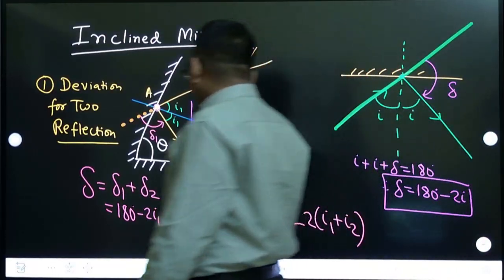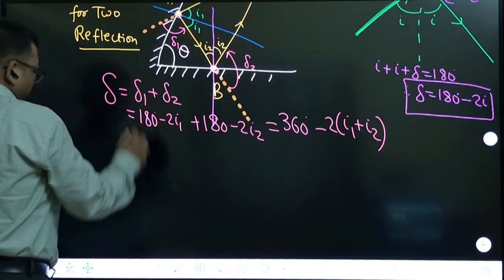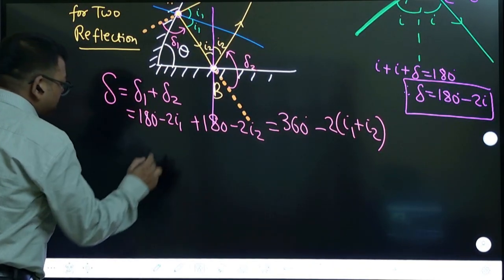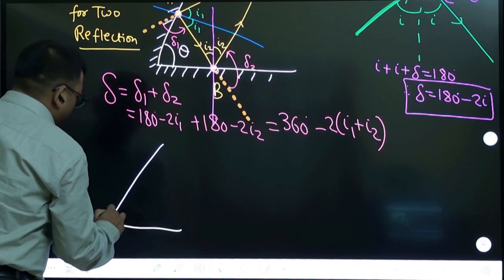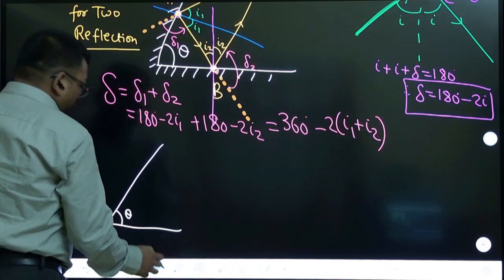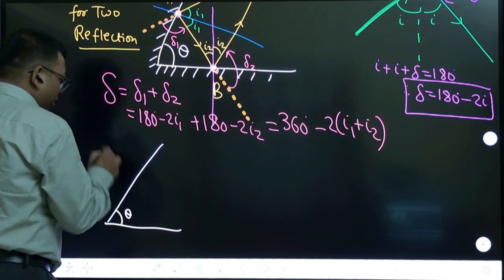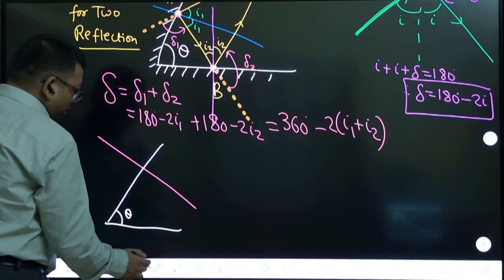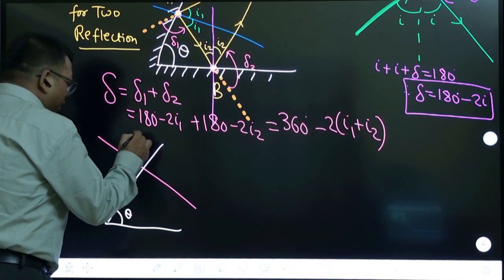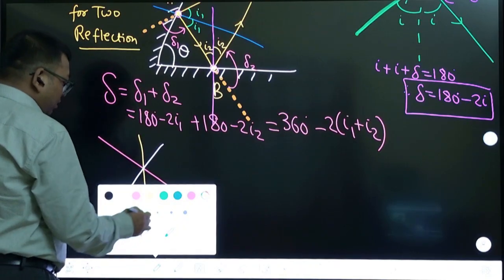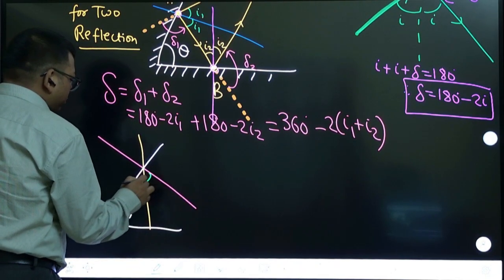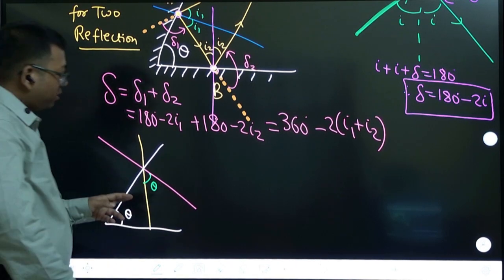So first tell me, suppose there is an inclined surface, and if I draw a normal here, and if I draw a vertical line, all of you know that this angle has to also be theta. Why?